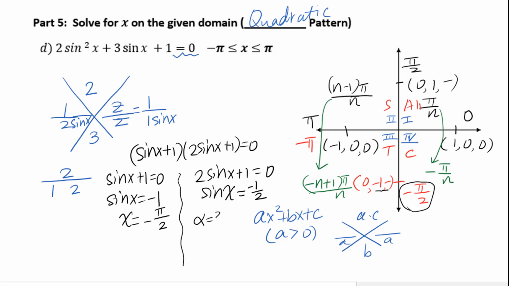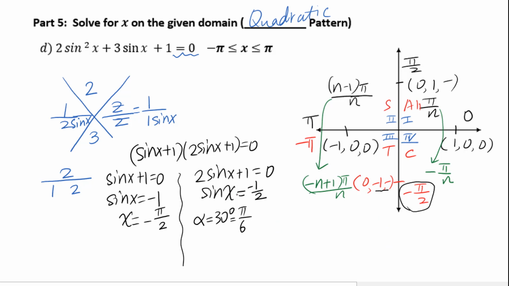Reference angle equals 30 degrees equals pi over 6. So sin x equals -1 over 2 will go to the third and fourth quadrant. We got to use this pattern and this pattern to write down the answer.